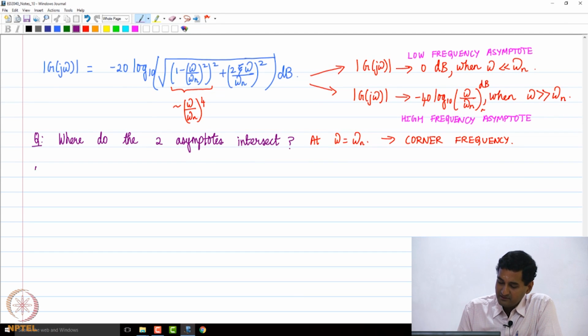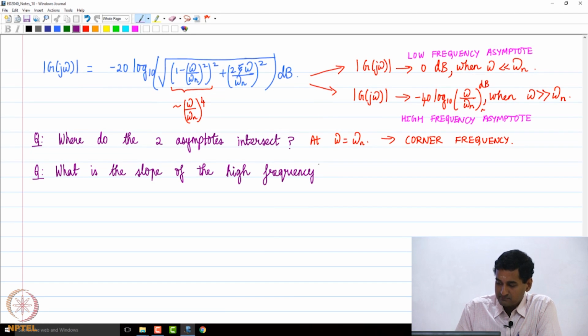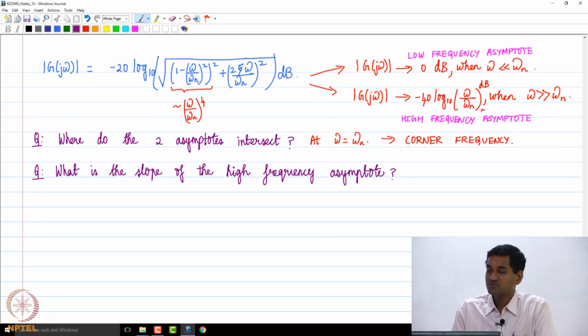Is it clear? Because that is the frequency at which the two asymptotes intersect. The second question we need to ask ourselves is what is the slope of the high frequency asymptote? The high frequency asymptote is minus 40 log to the base 10 omega by omega n. How do we figure out the slope? Let us say you go 1 decade farther, so instead of omega you substitute 10 times omega.